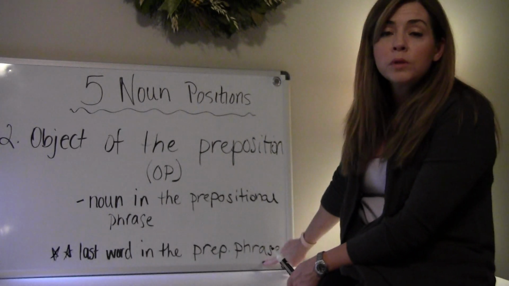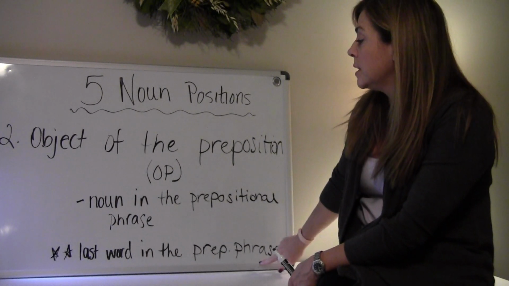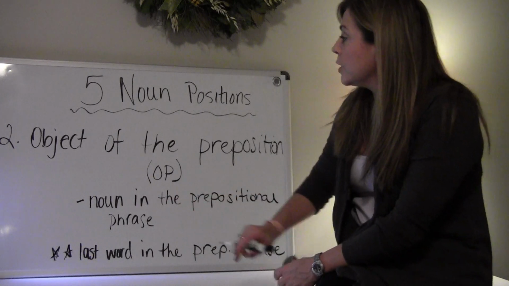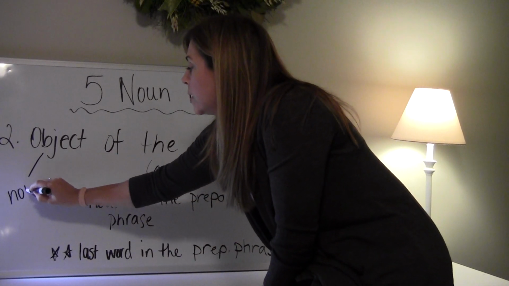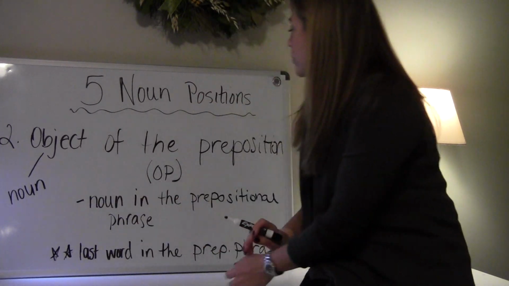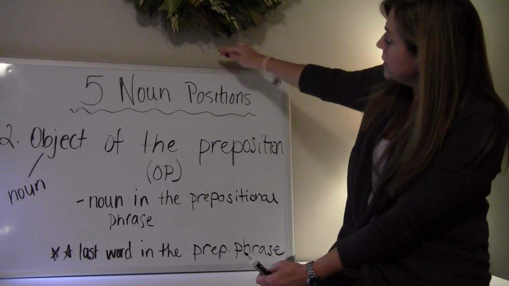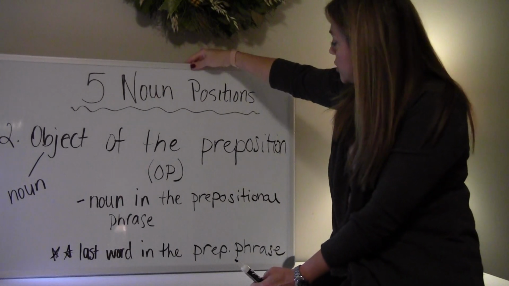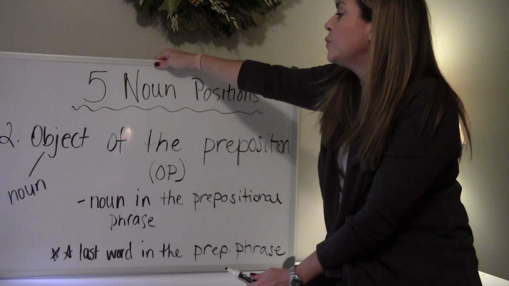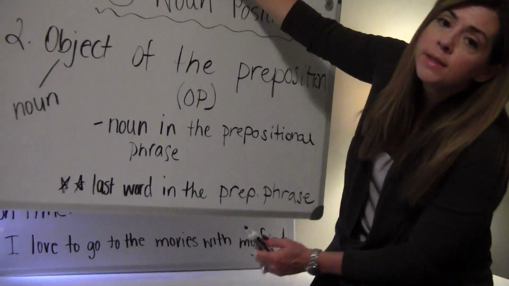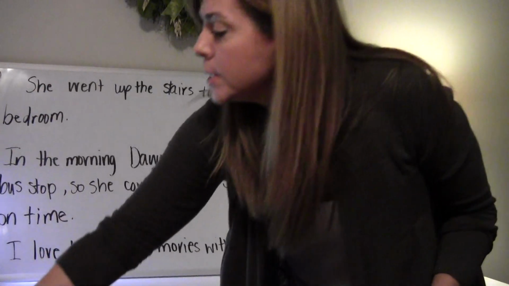It's the last word in the prepositional phrase, that noun. So the object is the noun. We need to remember that. So object of preposition, or OP, will be the label you use for it. That is your second noun position.